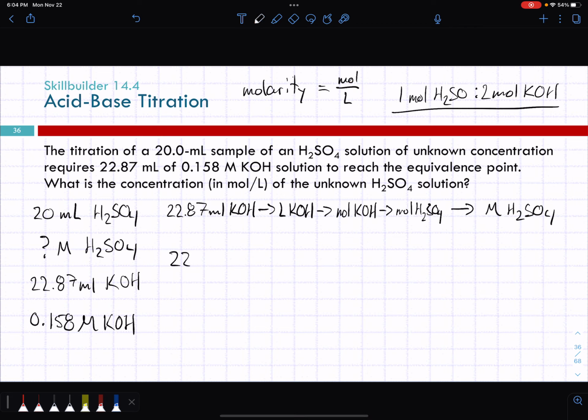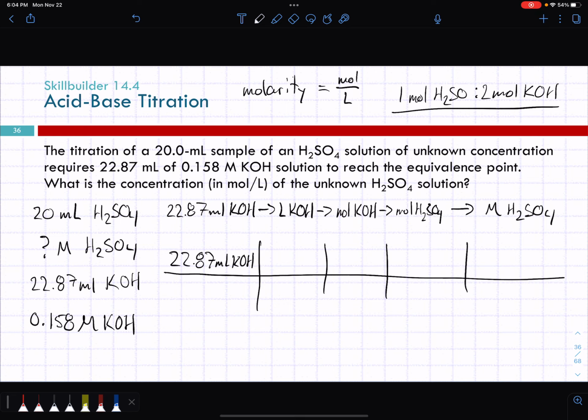So I'm just going to rewrite this: 22.87 milliliters of KOH. Each one of these arrows is a conversion to the next thing. If we want to convert to liters, 1 liter is 1,000 milliliters.